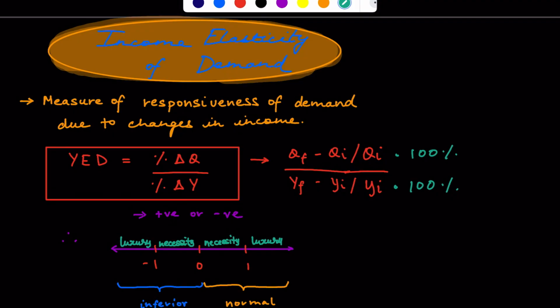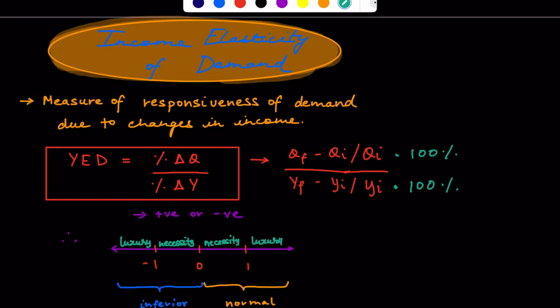So you have your percent change in quantity in the numerator, percent change in income in the denominator, and if you break that down, that is final quantity minus initial quantity over initial, over final income minus initial income over initial. And again, the percent signs will cancel out, so either you can use them if it aids your understanding, or you could just leave them out and realize they will cancel out.